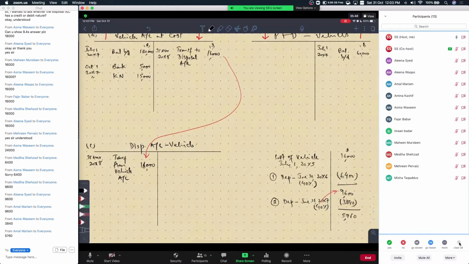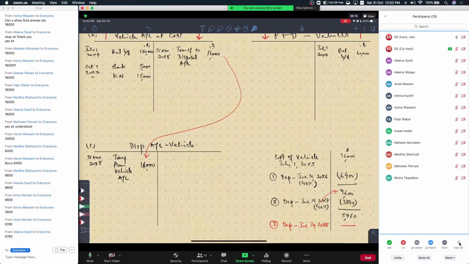5,760. And the third depreciation would have been charged on June the 30th, since we are charging full year depreciation. So June the 30th, 20x8, but we will not charge any depreciation because by the time we reach 30th of June 20x8, the asset ceases to exist because we sold it on 31st of March, right? हमने 3 महीने पहले उसको बेच दिया.